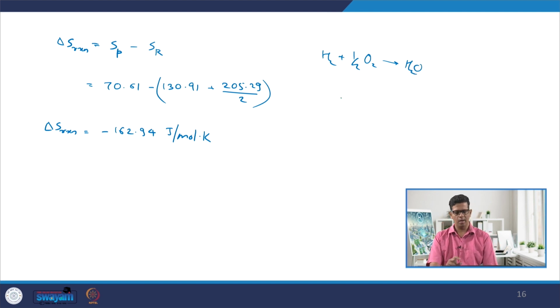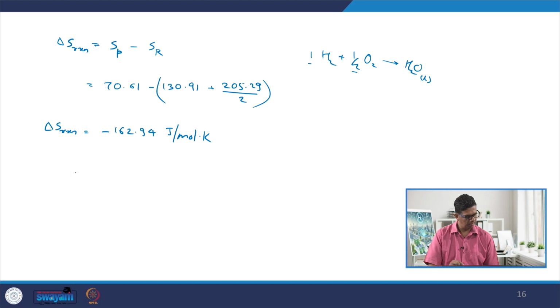The 1.5 moles of reactant species have been converted into 1 mole of water, which is in the liquid phase. As the gaseous species decrease after the reaction, the entropy is likely to decrease, as we have seen earlier as well. That is why there is a negative sign.